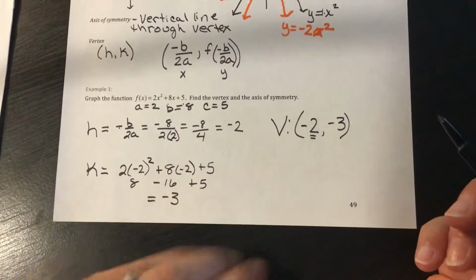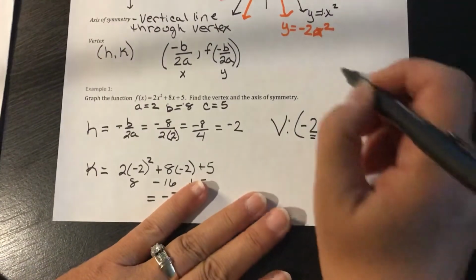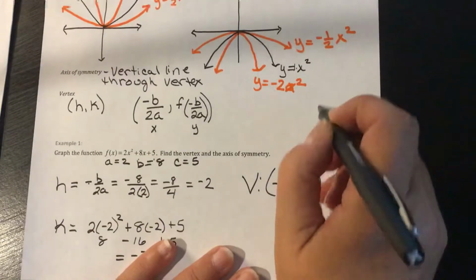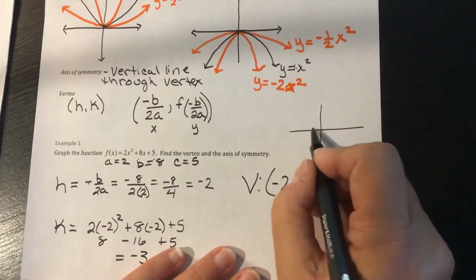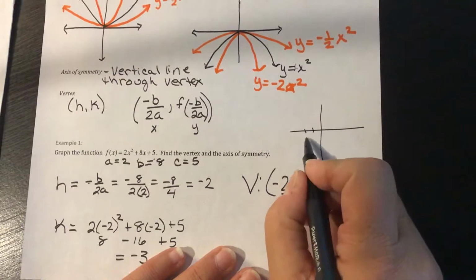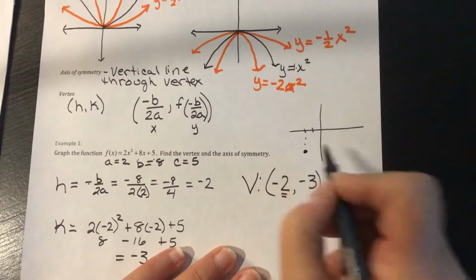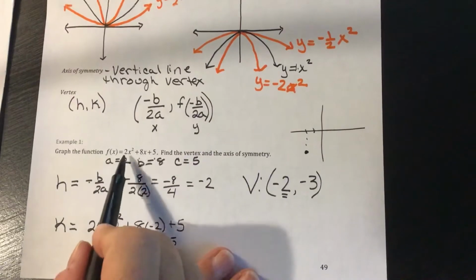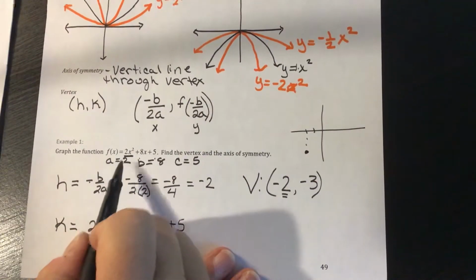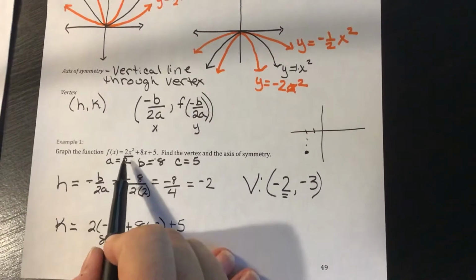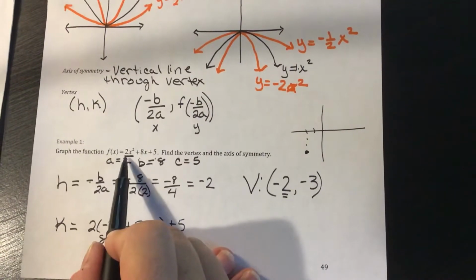So if I were to just graph this, just a little quick graph, I know that my vertex is going to be negative 2, negative 3, and I know that it's going to point up and be pretty skinny because it's going to have an a value of 2. It's positive, so it's pointing up.